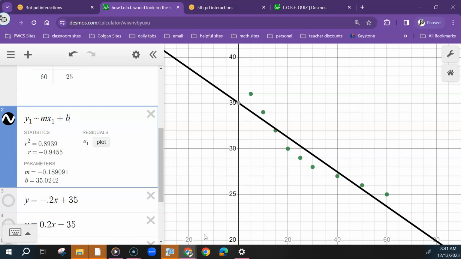Closest wouldn't be exact because they got rid of a lot of decimals, and for the negative 0.19, they rounded. So the one that's closest to it would be A.